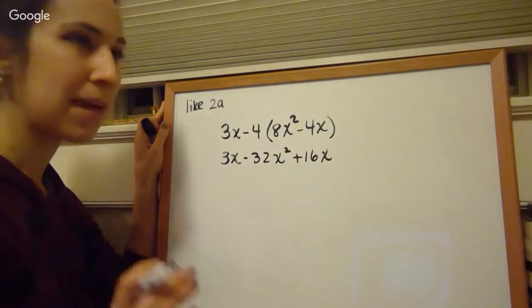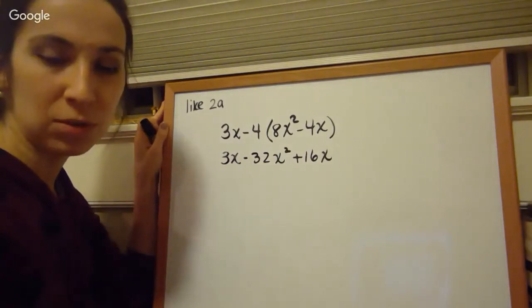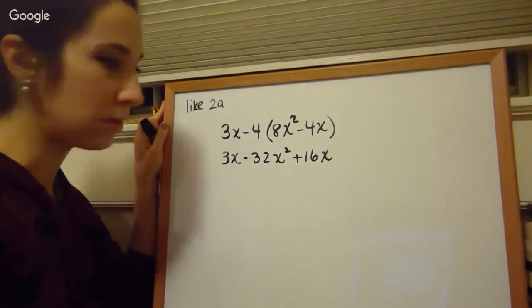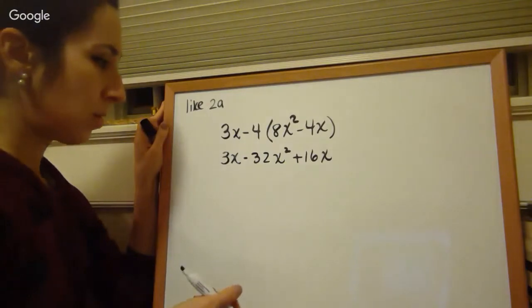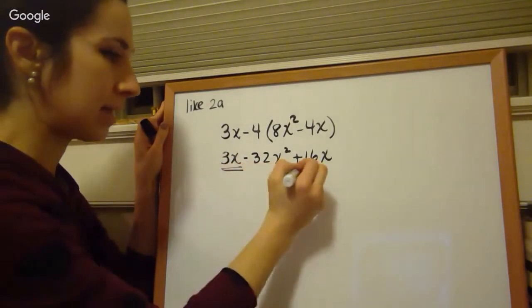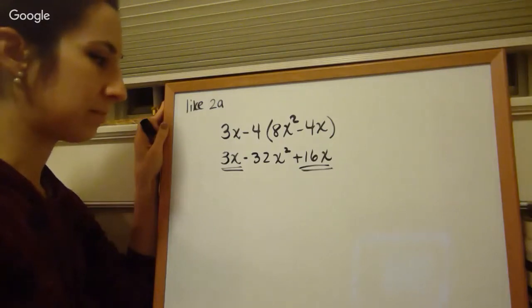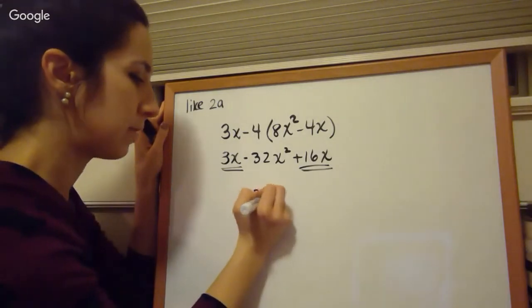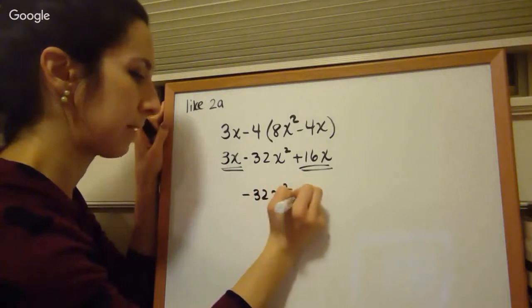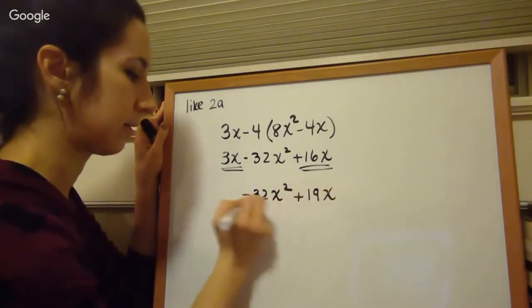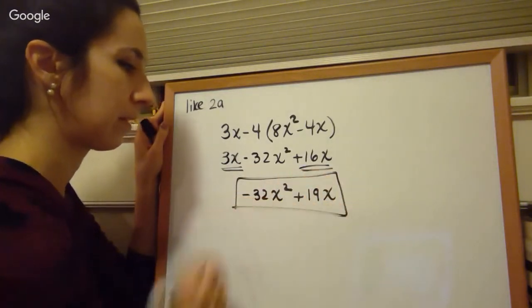And like terms have to have exactly the same variables with exactly the same degrees. So we've got a 3x and a 16x. Those are the only like terms. So we'll have -32x squared and 19x, and that is it.